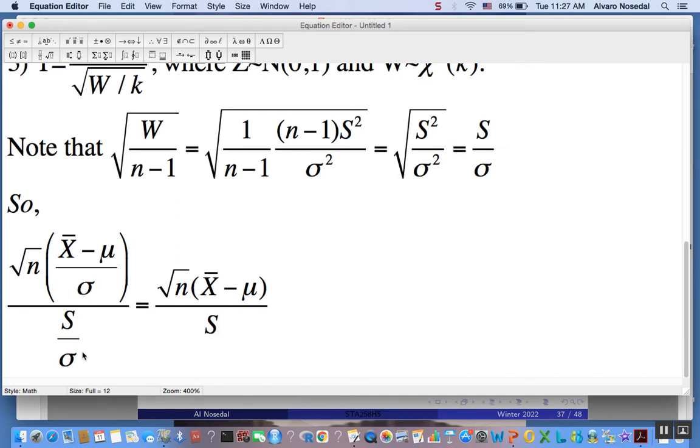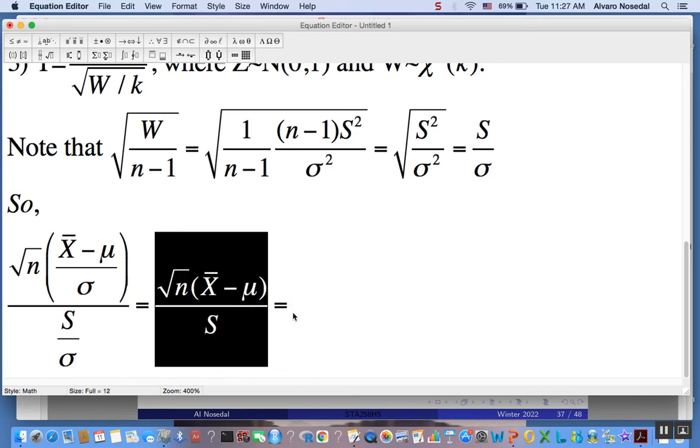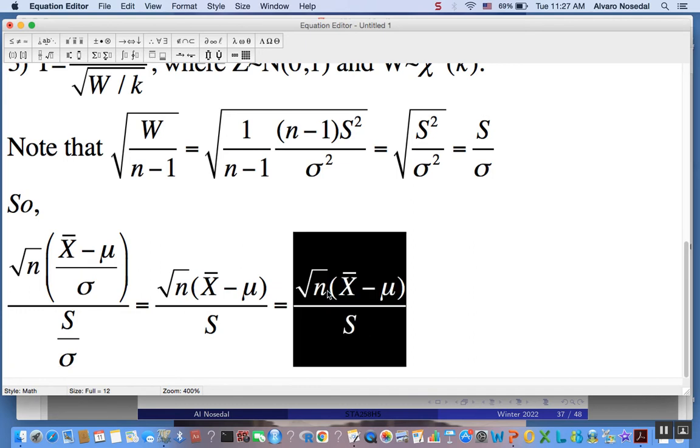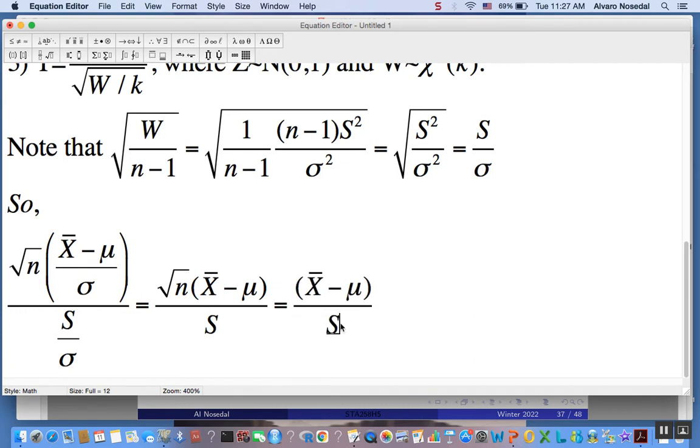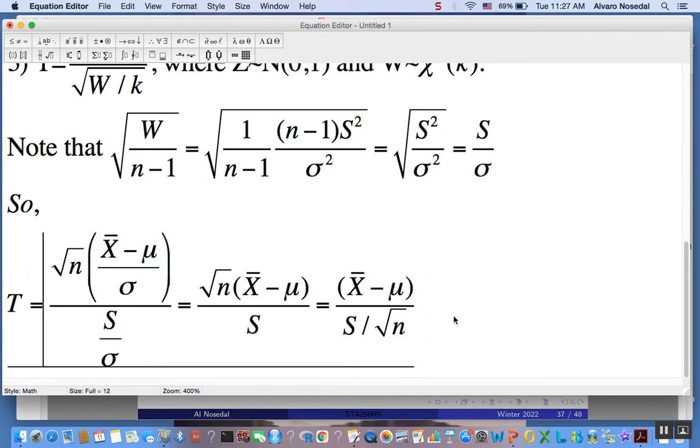These guys cancelled out, right? But this is the same as just going to place it in the denominator again. This is the same, it's equivalent, right? Just doing a little bit of algebra. Make sense? But this guy has a T distribution. Okay? Okay, so now we are ready.